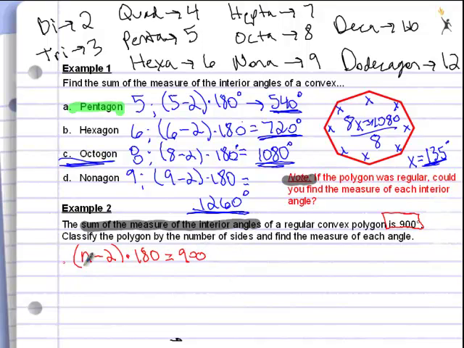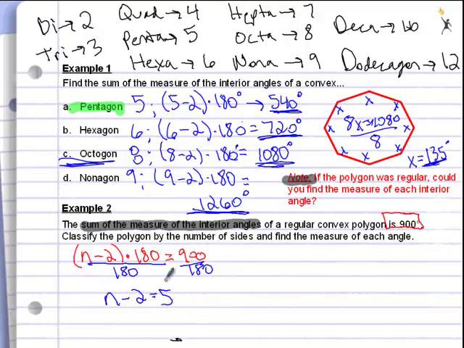So I can take this problem and solve for n, the number of sides. Using our algebra skills, the first thing we need to get rid of is this 180. We need to get rid of it because we want the n minus 2 by itself. So I'm going to divide both sides by 180. And what I get is n minus 2 equals 5.